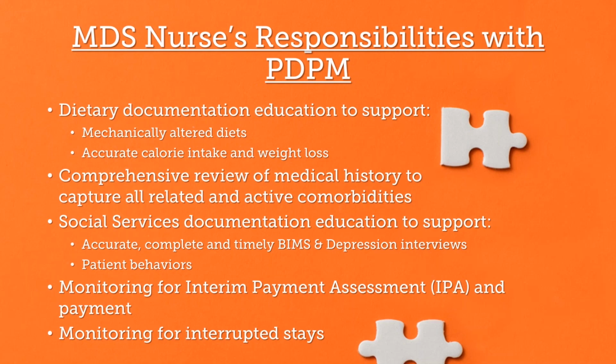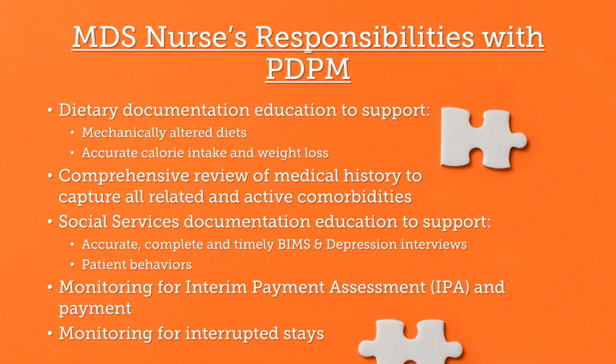This is a 3-day window referred to as the interruption window. It starts with the calendar day of discharge and includes the 2 days immediately following. So if a resident is discharged from the SNF and readmitted to the same SNF no later than 11:59 p.m. of the third consecutive calendar day after having left, it is considered a continuation of the previous stay.